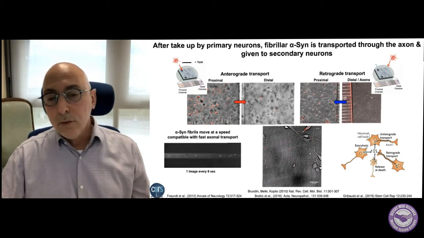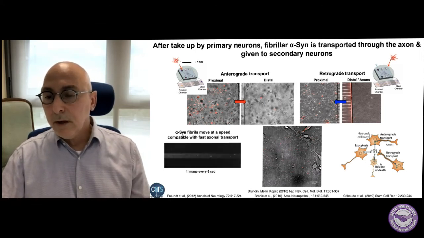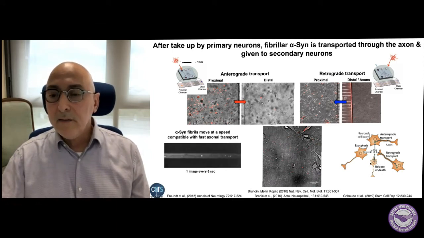So to illustrate what is going on, I have here a scheme. These aggregates, for example, released from dying cells, are taken up by the cell body of neurons and transported to the axonal end, and this is what we call anterograde transport.